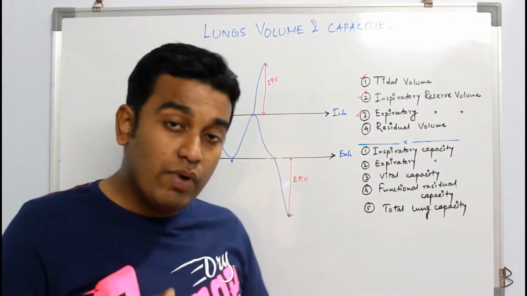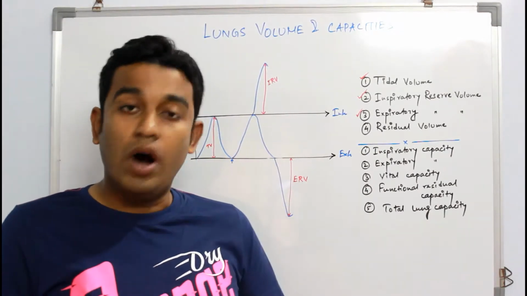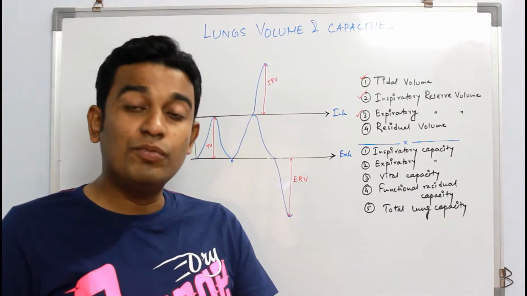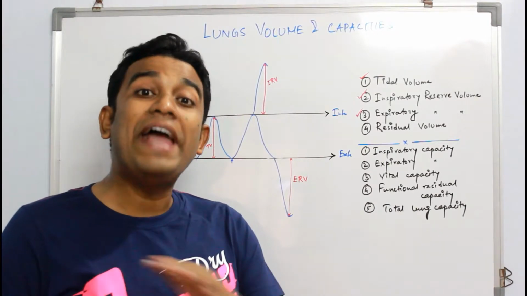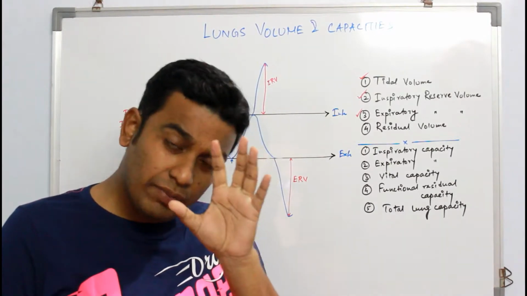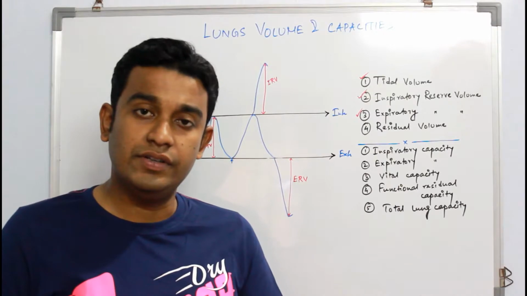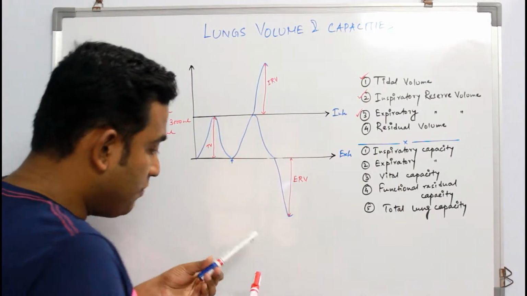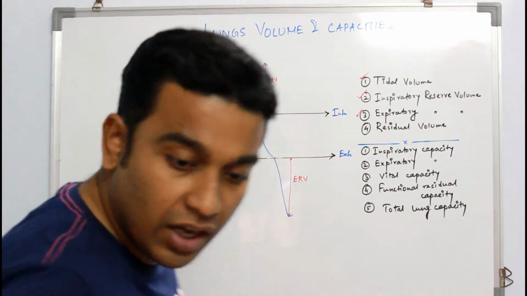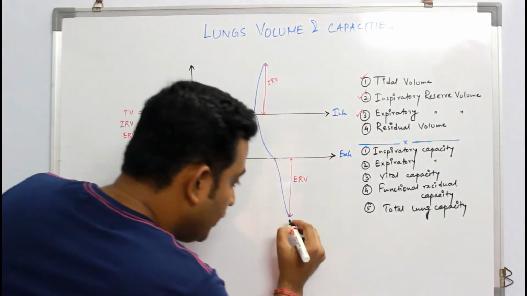And remember one thing, the residual volume will never go out. Means, moral of the story, the lungs will never become empty totally. There will always be a certain amount of air present. So if I make it here now, I'll use a different color.